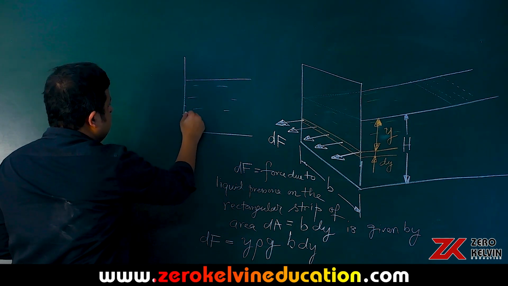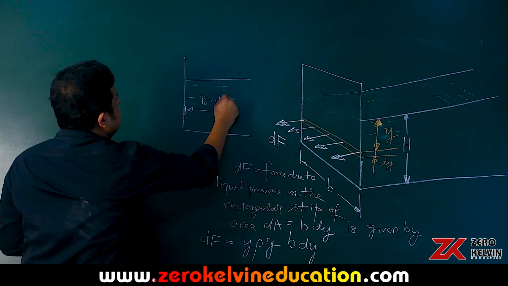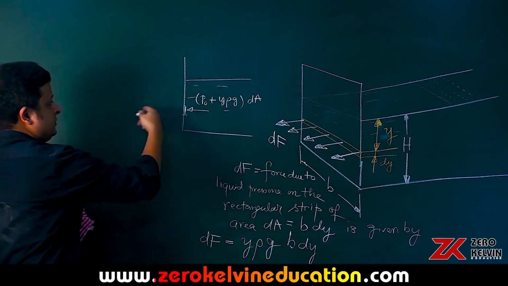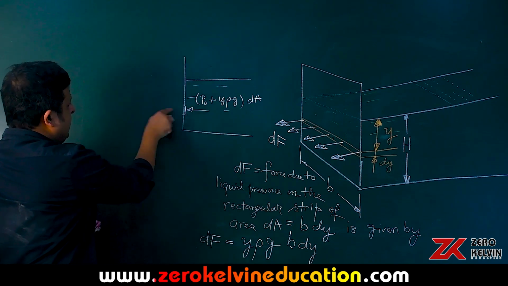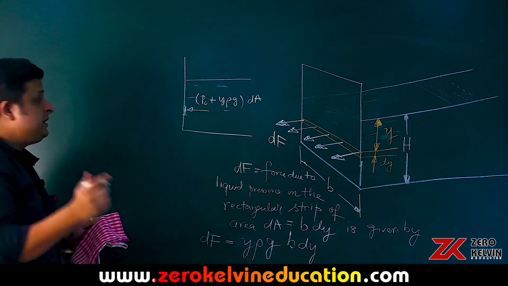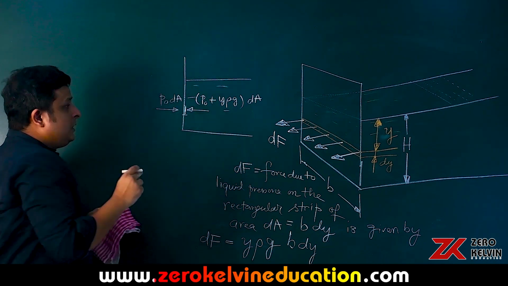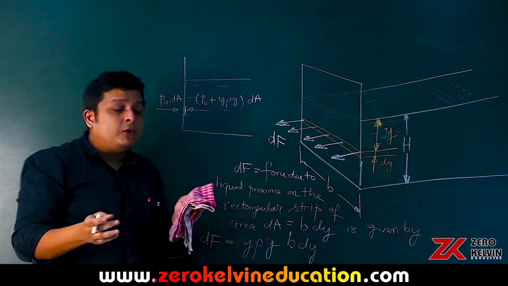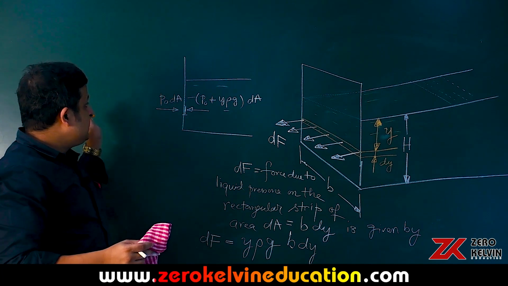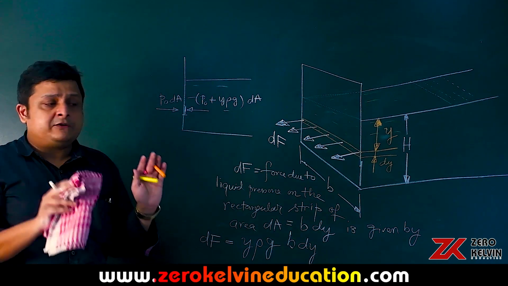So the absolute pressure on a small area gives P naught plus Y rho G times dA, and on the left side, it is open to atmosphere, so the force is P naught multiplied by dA. Now you know why this P naught is not considered here: the atmospheric pressure acts from the left and the right, so ultimately it will have no effect, so that will cancel.